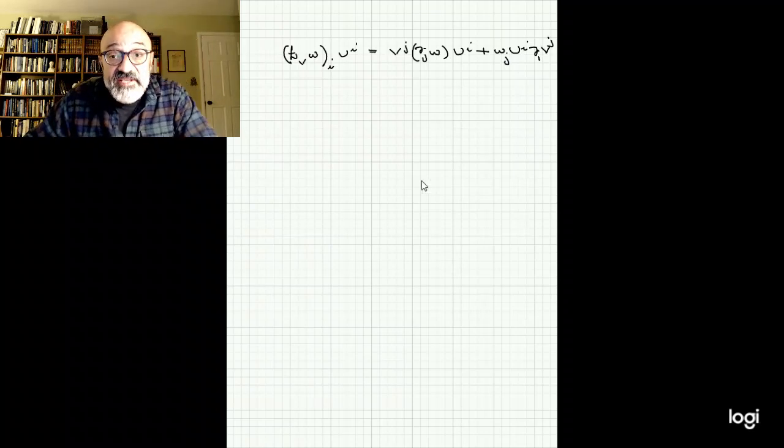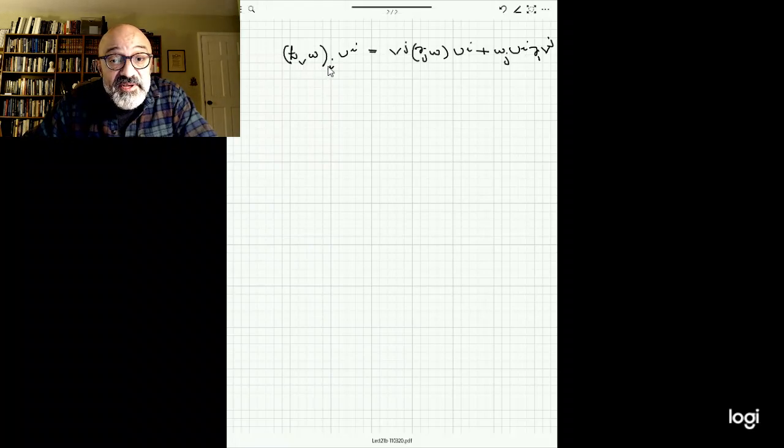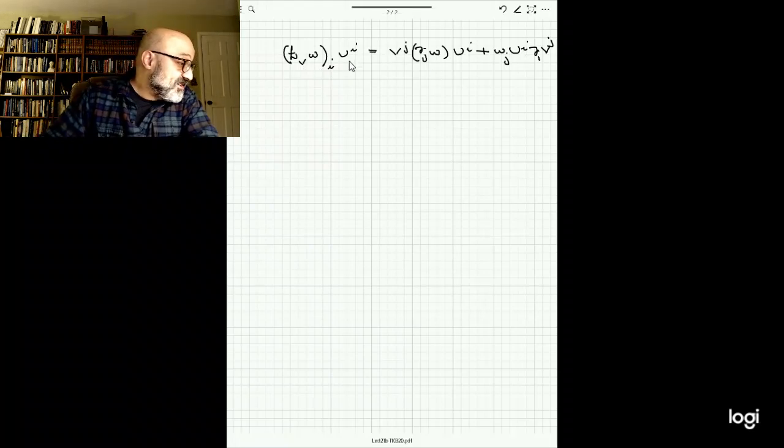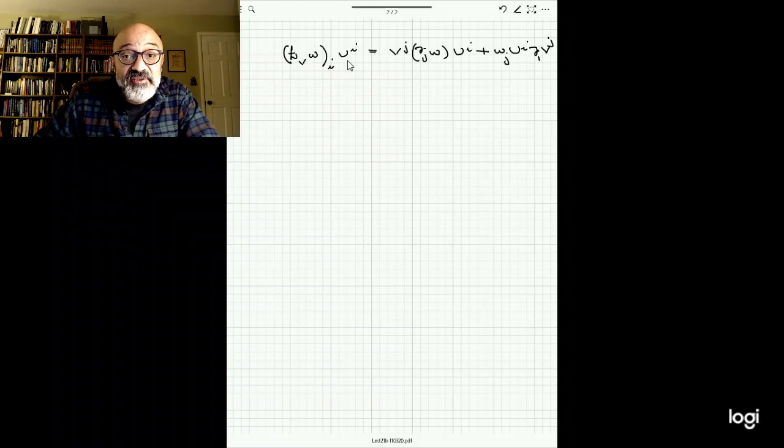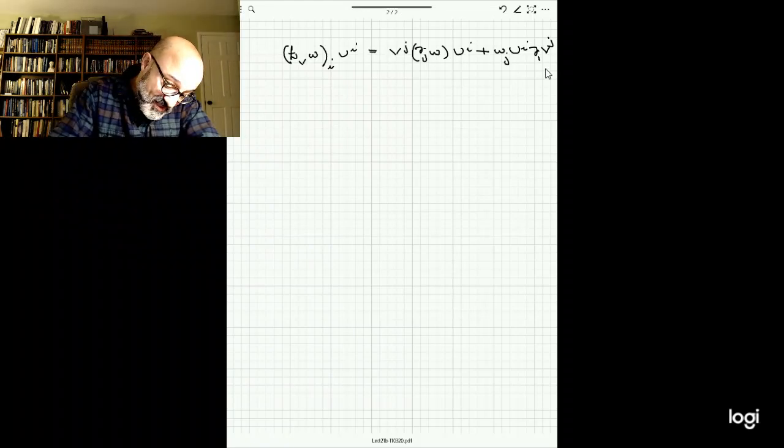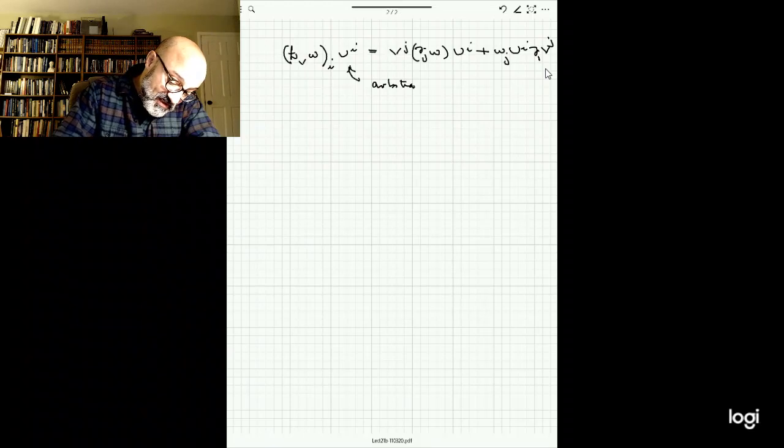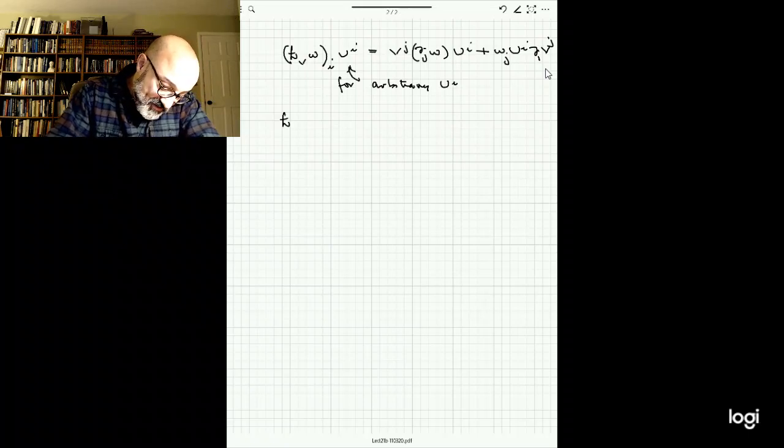And because this is supposed to hold for arbitrary choices of u^i, for arbitrary u^i, we can actually just write what the coefficients are supposed to be.